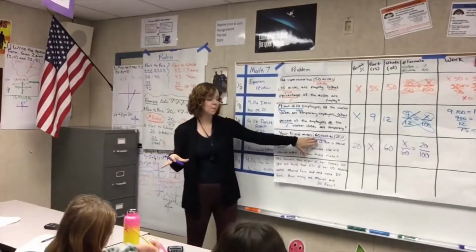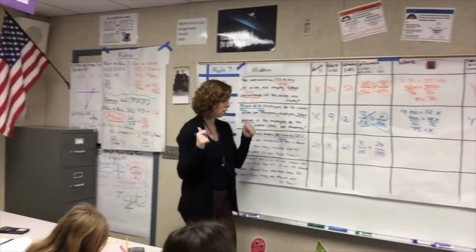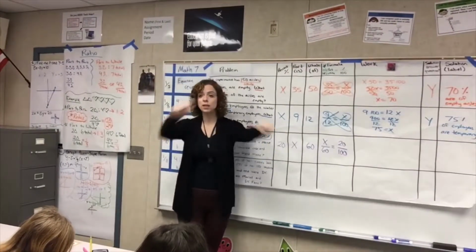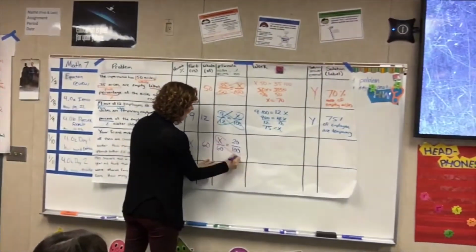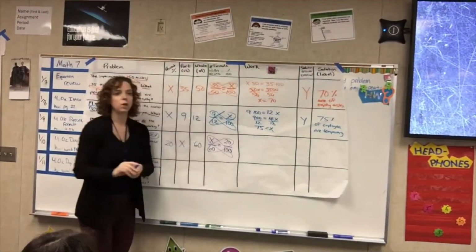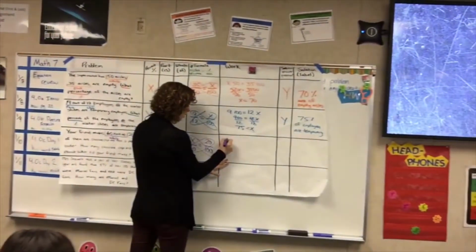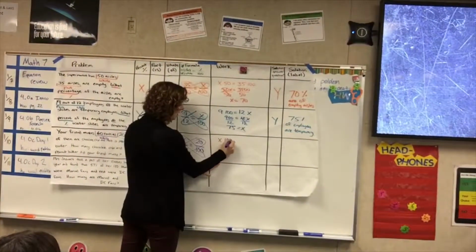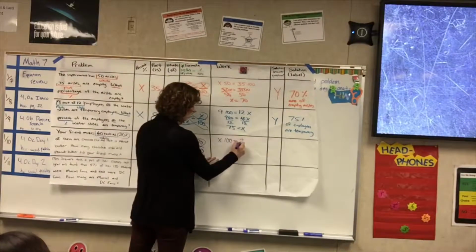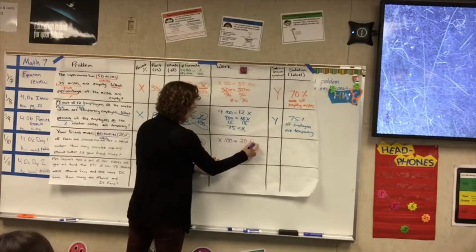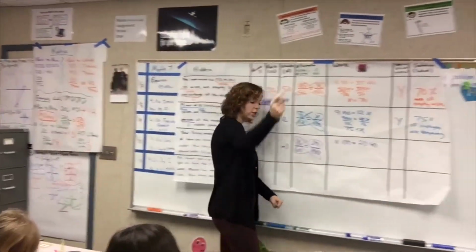Okay. Did you label that the 60 cookies was the whole, so you have that to refer to? Yes. Good. Okay, so what are we going to do? Cross multiply. Nice. Okay, who would like to tell me my equation? You have to do x times 100 equals 60 times 20. Awesome. What is 20 times 60? Yes, Christian.